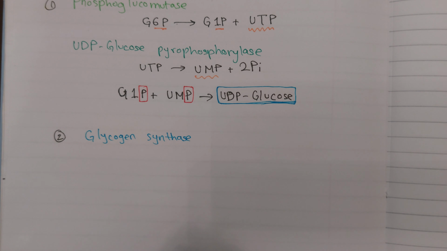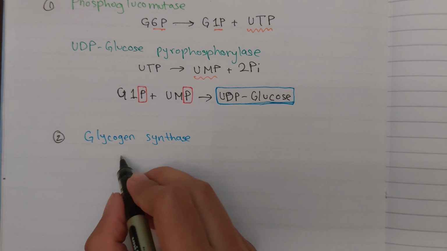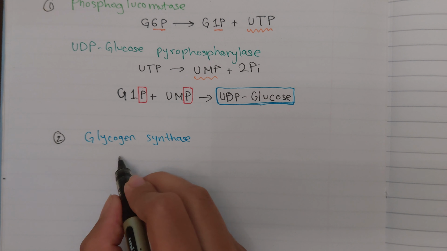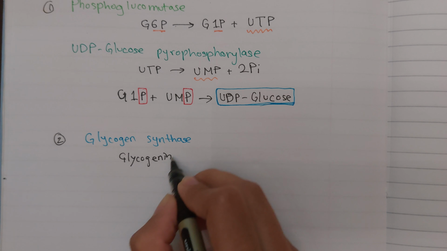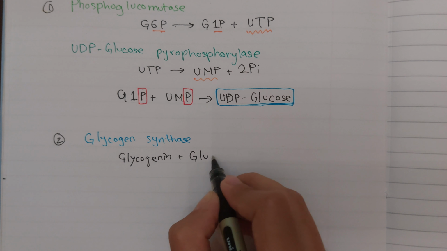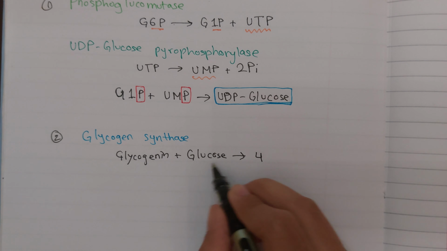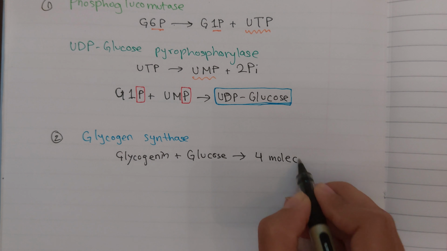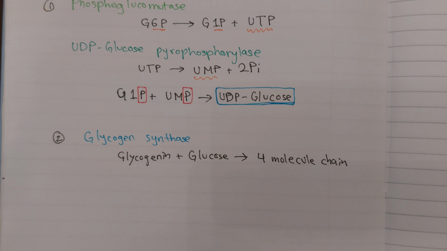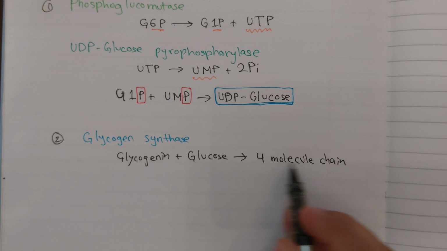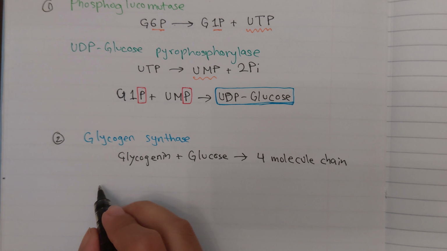what it does is that it helps this protein glycogenin bind with the UDP glucose molecules to form a 4 molecule chain. So now that we have a 4 molecule chain of glucose, it then binds with UDP glucose.